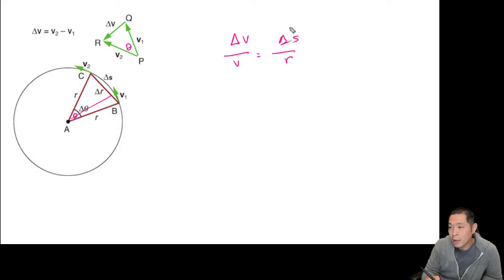What we could do is divide both sides by t. Actually, let me solve for V first.